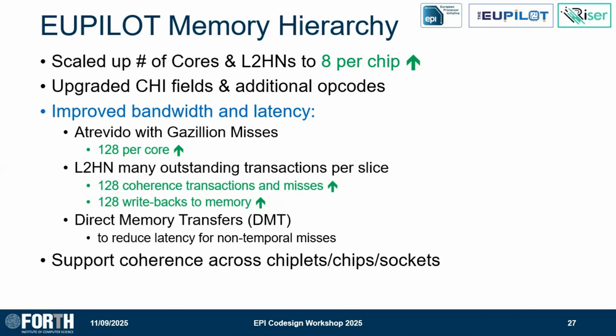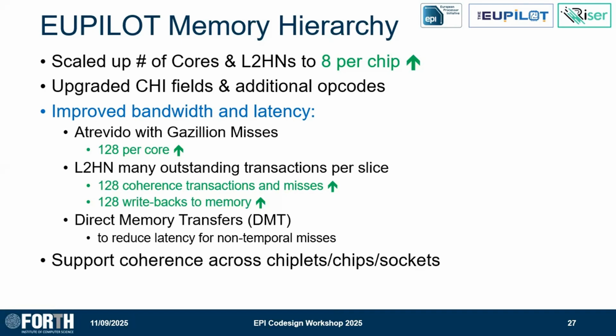Of course, the budget of the project was not enough at that stage. We were expecting things to improve and have lower cost, but it didn't happen. So the same mechanism can be used to connect chips, dies, or sockets. It doesn't matter if the chips are on the same board or are sockets on a multi-socket baseboard like UBB. The same mechanisms can be used. The latency might differ, but it's what we have here.